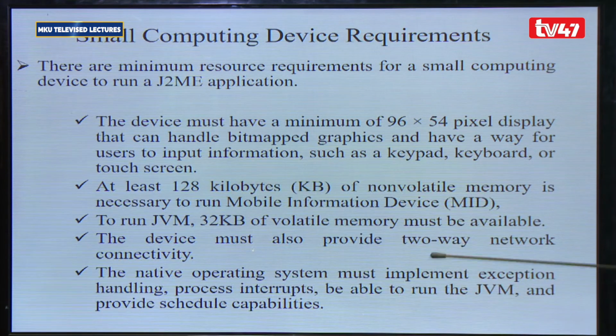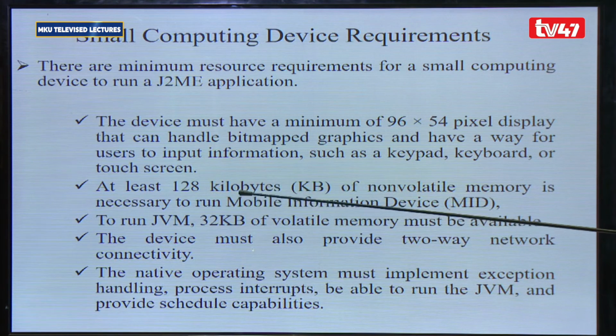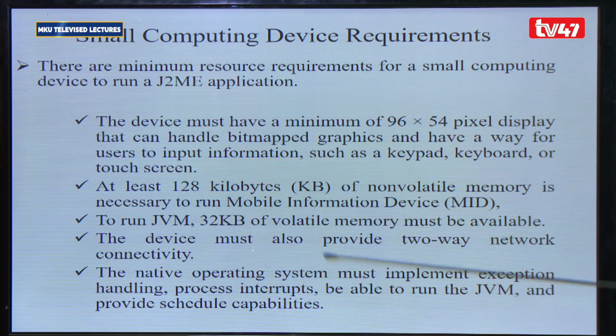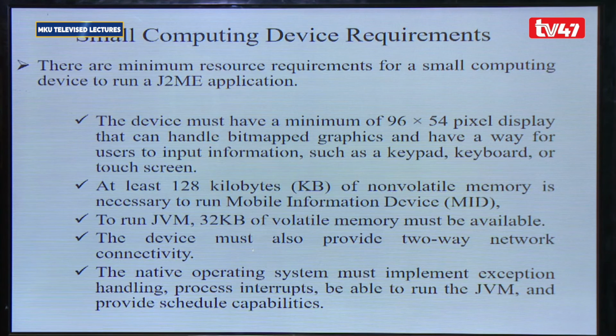For those who can't remember, we discussed volatile and non-volatile memory. One requires electricity to be there, the other doesn't. It stores data permanently. So you have 128 kilobytes for non-volatile and 32 KB for volatile memory.